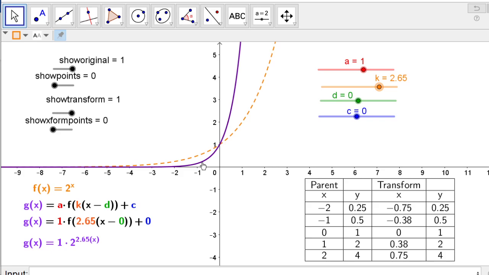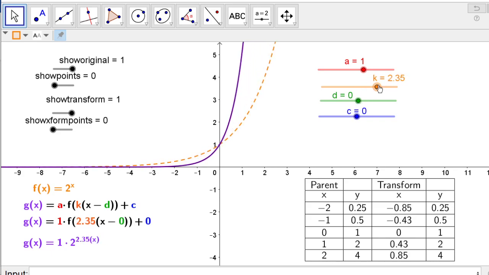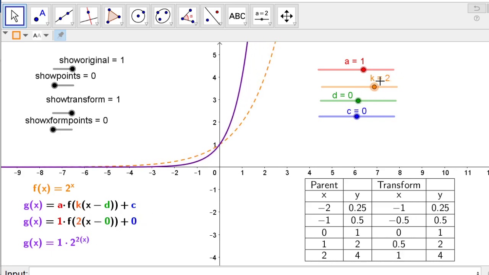Now again, the better way to think about this is not actually in the vertical sense at all. Think of it in a horizontal sense. This graph and this graph are the same. They've just been horizontally squished together. So the point that used to be out here gets squished into here.